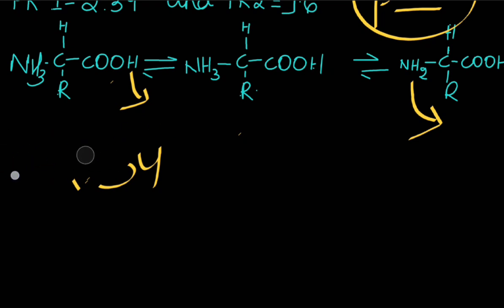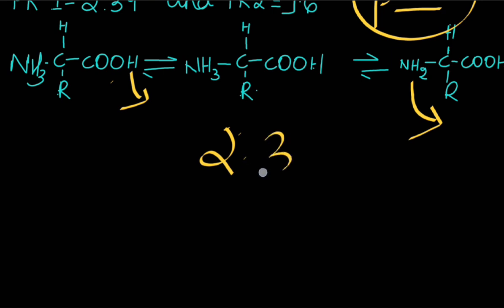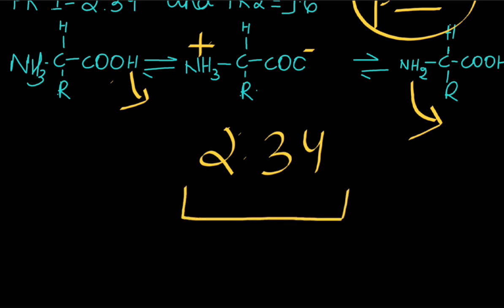When this amino acid reaches 2.34, its COOH will lose its hydrogen, and since it has an extra hydrogen, it has a positive charge. So this is the first value where COOH loses its hydrogen.